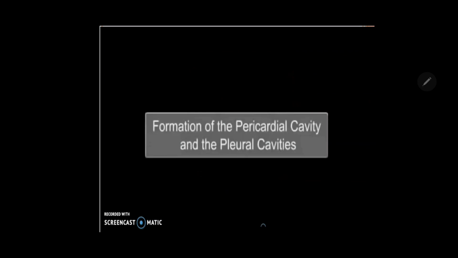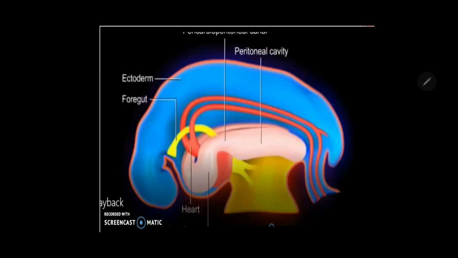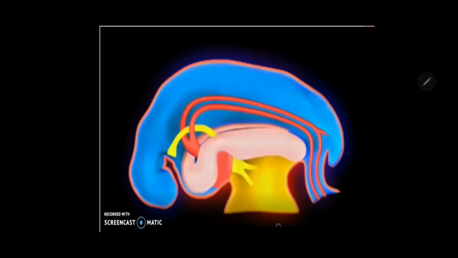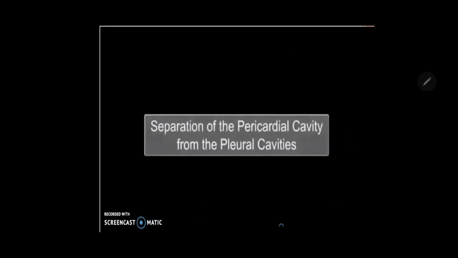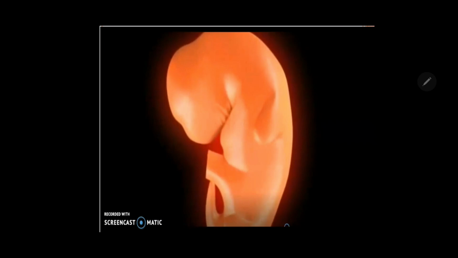So this is how the peritoneal cavity, formation of the pericardial cavity and pleural cavities. So this is the pericardial cavity, and here will be pleural cavities. From here you will see the laryngotracheal diverticulum forming two lungs. So lungs will invaginate here and here into the pleural cavity. You can notice there. And there is a separation of the pleural and pericardial cavities during the 5th week.